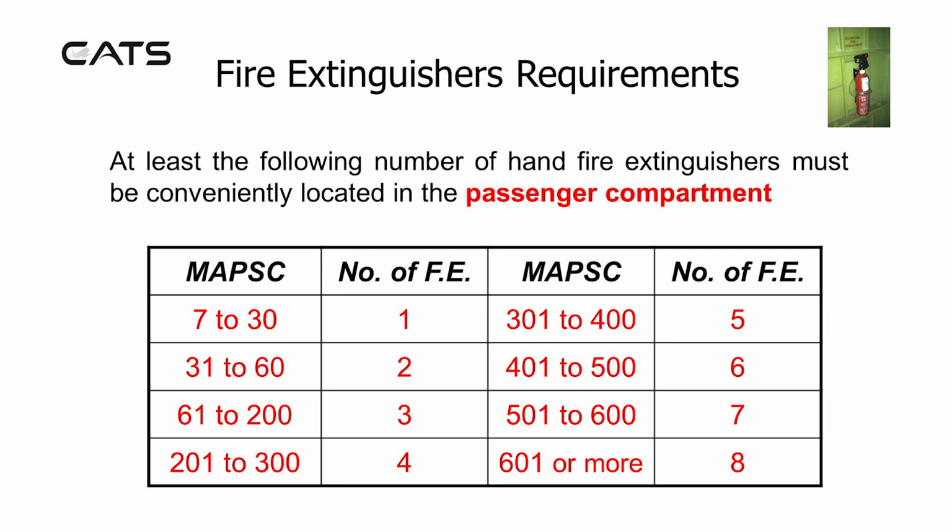If it's 61 to 200, it's 3. 201 to 300 is 4. 301 to 400 is 5. 401 to 500 is 6. 501 to 600 is 7. And 601 or more is 8.